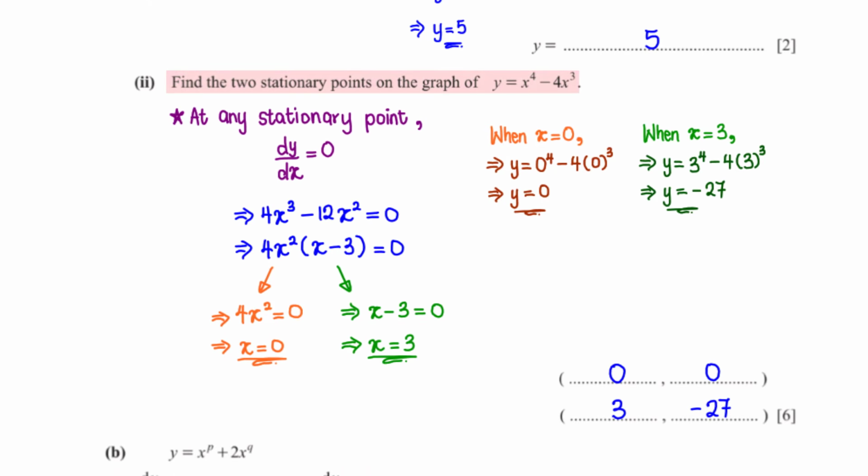Find the two stationary points on the graph of y equals x raised to the power 4 minus 4x cubed. At any stationary point, dy/dx equals 0.